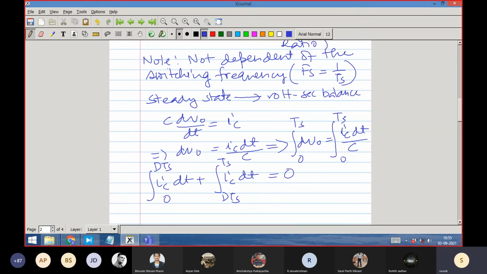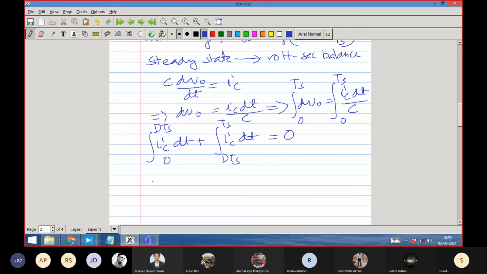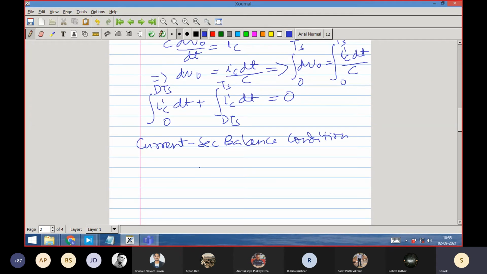So this is the current second balance condition. But it is comparatively difficult to apply because IC is difficult to find out. You get the point. How can I find out IC unless I know the inductor current?